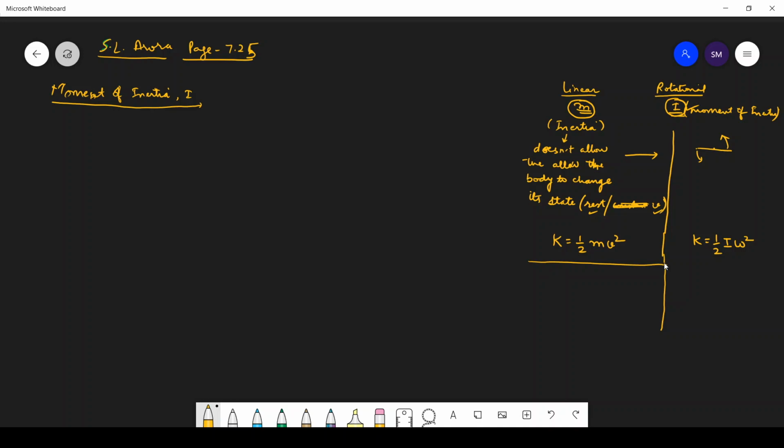Similarly, a body rotating about a given axis tends to maintain its state of uniform rotation unless an external torque is applied on it to change that state. So here you have Newton's first law, that if F external is equal to 0, no change in state.